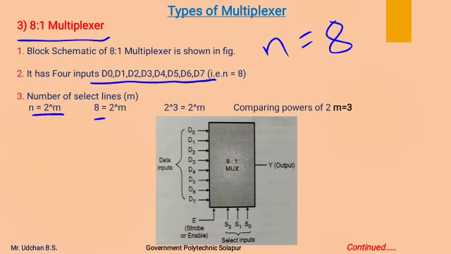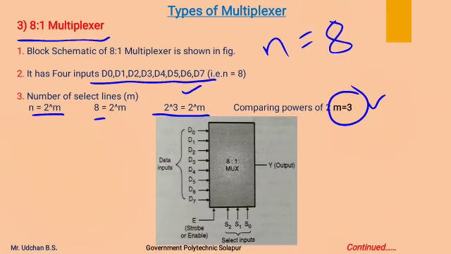Here 8 is n equal to 2 raised to m, 2 raised to 3 equal to 2 raised to m. 8 is written in the form of 2 raised to power. Comparing power of 2, we can obtain m is equal to 3.